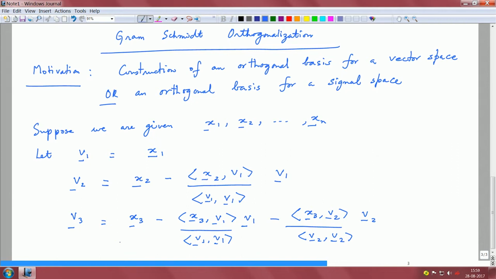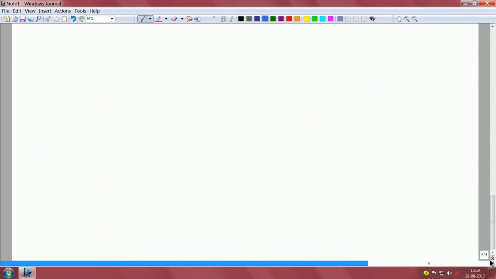And if you do this for Vn, you have xn minus the sum over i equals 1 to n minus 1 of the inner product of xn with Vi, upon the inner product of Vi with Vi, in the direction of Vi, right.